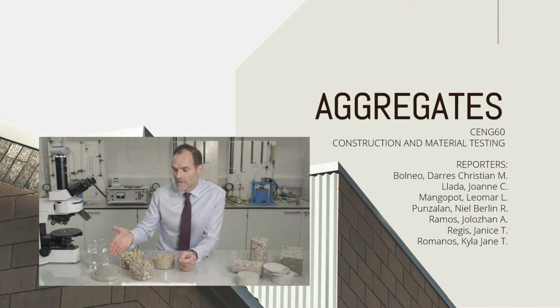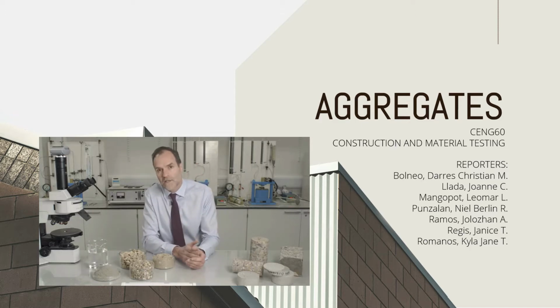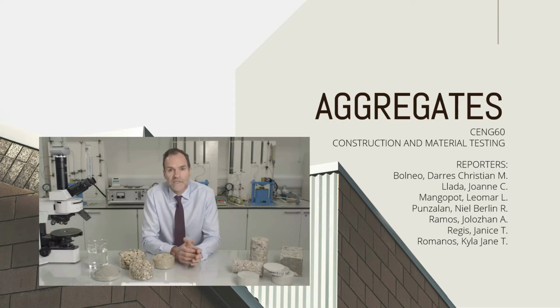So if we take cement and mix it with water, we form a paste. And within the paste, chemical reactions occur. We call those hydration. And those result in the paste turning from a liquid into a solid material.